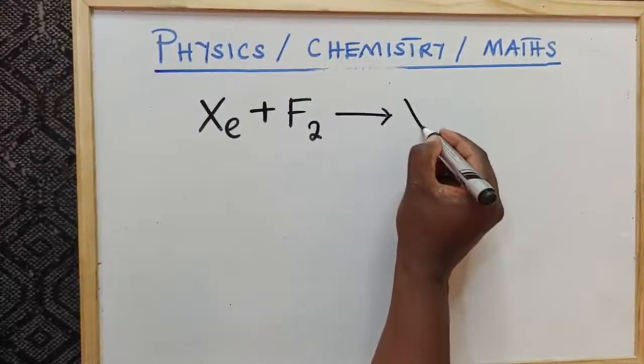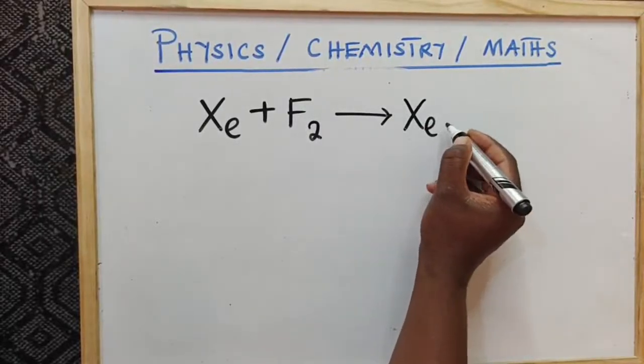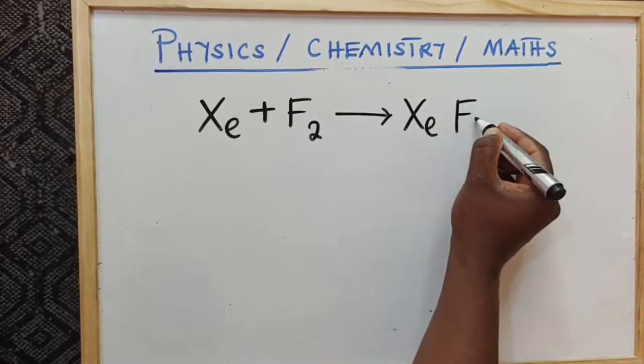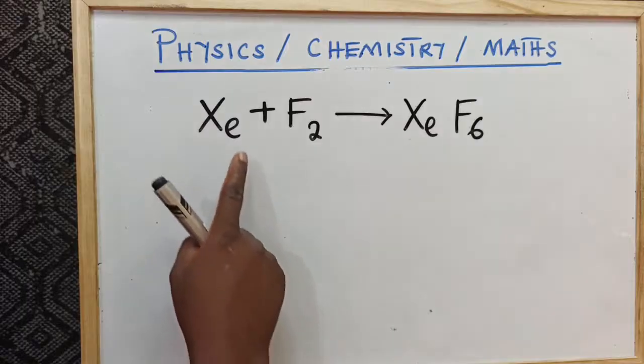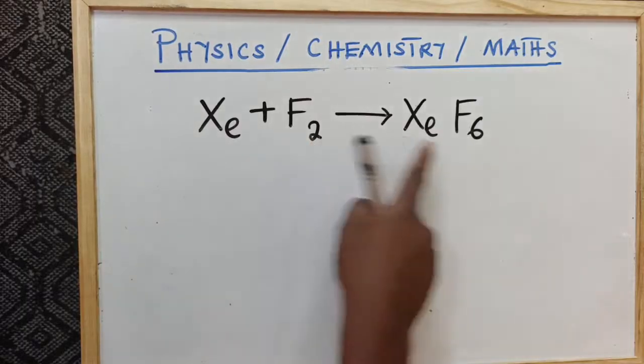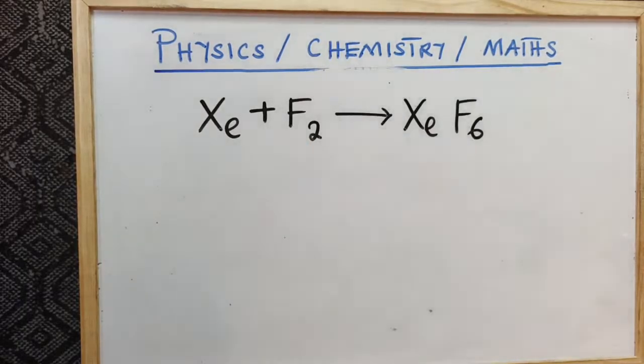This will give us XeF subscript 6. So when you look at this chemical equation, is it balanced the way it looks? It's not balanced. The reason we're saying it's not balanced is that on this side F has got 2, while this side F has got 6.